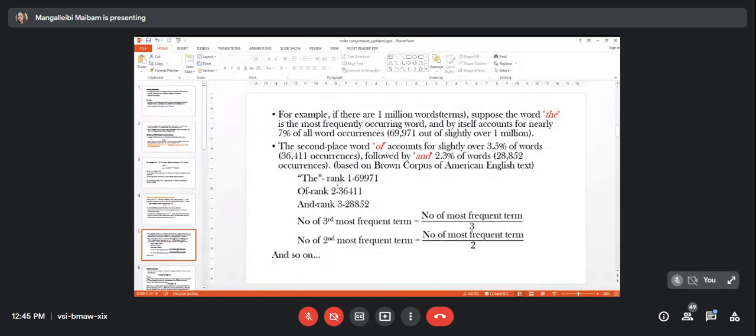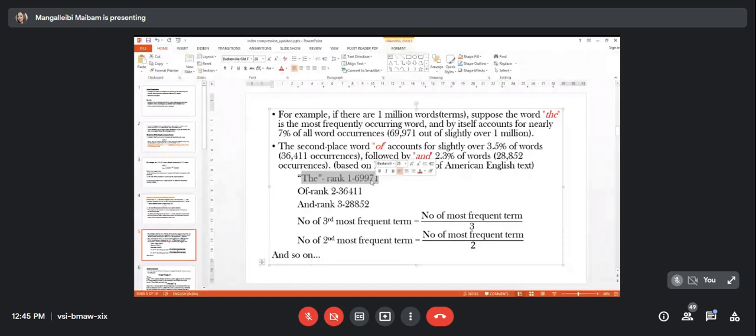So rank 1, "the", occurs 69,971 times. These values are from a book, Thomas Peters' book or something, which is available online. According to that book, the frequencies for the terms are listed here.